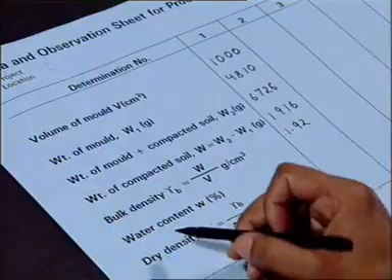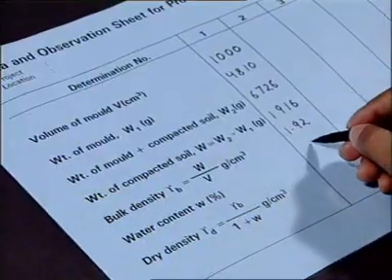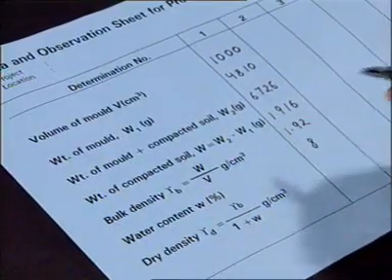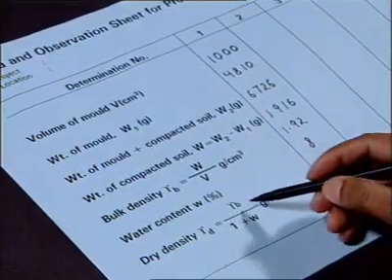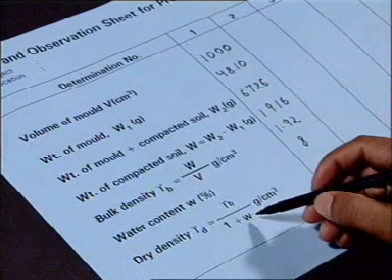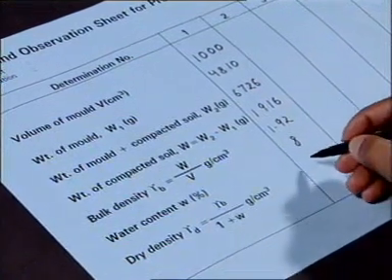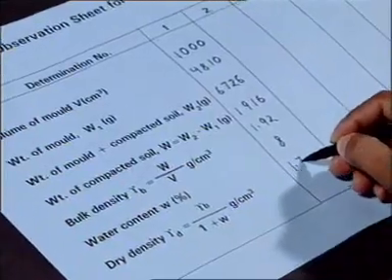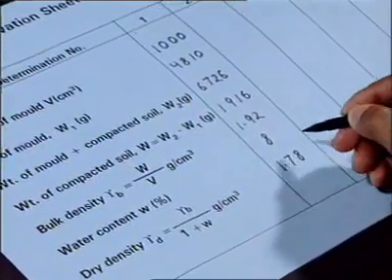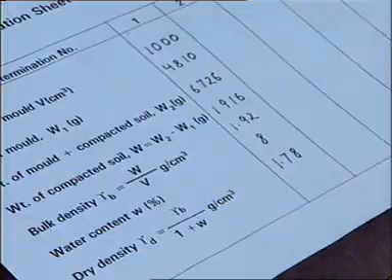In this case, water content is 8%. Dry density is the ratio of bulk density divided by 1 plus water content. So in this case, dry density is 1.78 gram per centimeter cube.